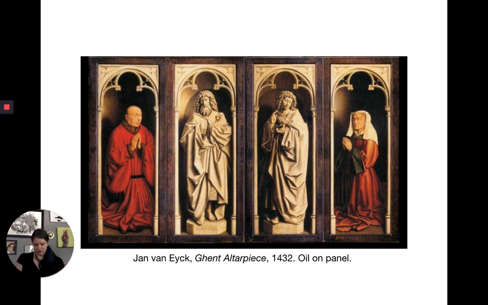The transformation of shapes through value is so convincing sometimes that objects can appear to extend out from a two-dimensional surface. For example, this is not three-dimensional and sculptural. This is oil on panels, so this is a flat painting.